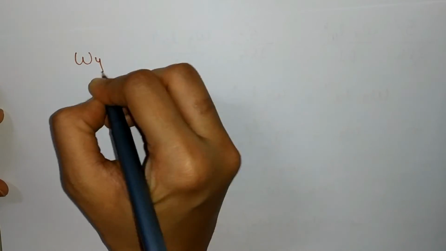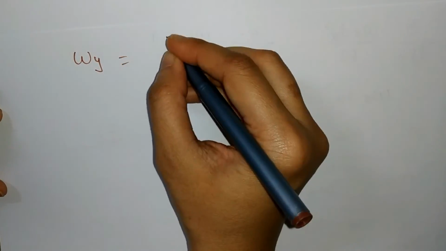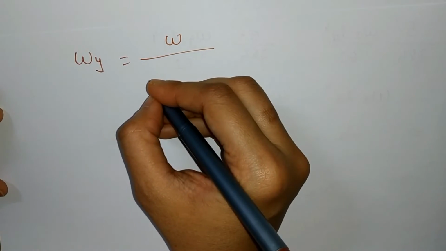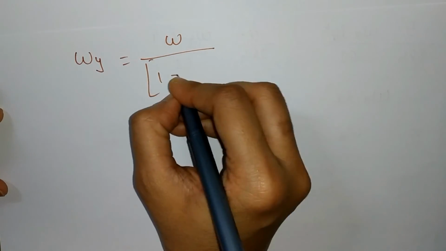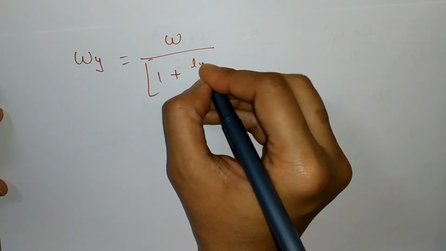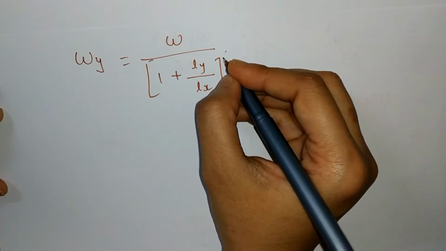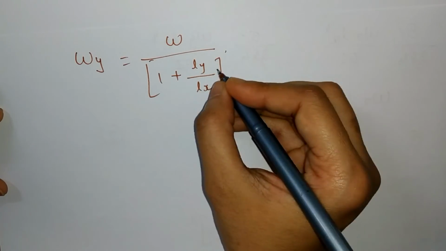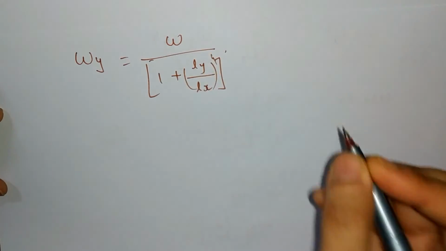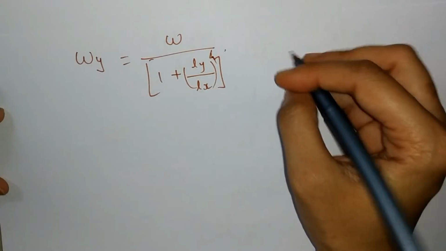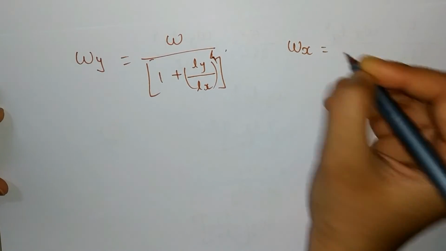Then Wy is equal to W upon 1 plus Ly upon Lx raised to 4. And what about Wx?